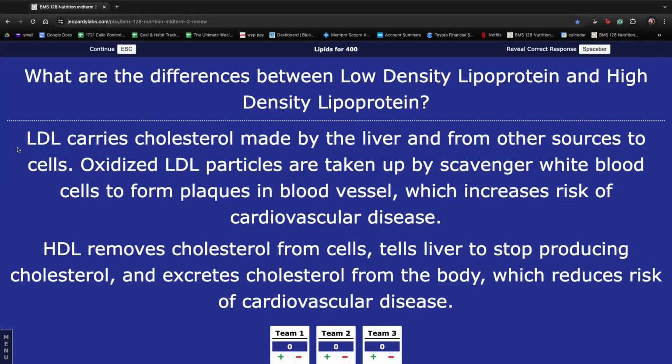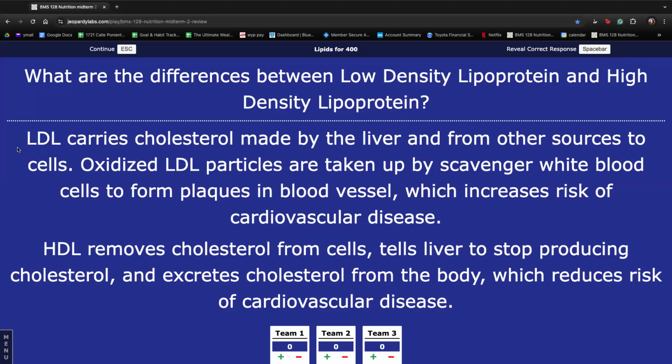It doesn't block it, it collects a bunch of cholesterol. Low density lipoprotein carries cholesterol that's made by the liver and from other sources like what we consume to cells. The crazy part is our liver actually makes enough cholesterol for us and we consume more in excess. The high density lipoprotein goes around collecting the excess or oxidized cholesterol that's already done. It tells the liver to stop producing cholesterol because we don't need that much, and we already have some being created. And then it helps get rid of the cholesterol from our body.